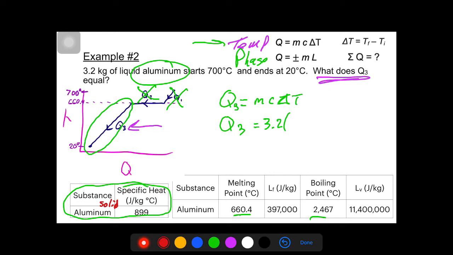So really the only specific heat values we know of are for water in the gas phase, called steam or water vapor, and we know the specific heat of solid water, which is called ice. So conveniently, I chose Q3 to be the temperature change because this is the specific heat we're going to use. It's solid aluminum, and this is in the solid form at that point. So we're going to use that 899 as my specific heat.